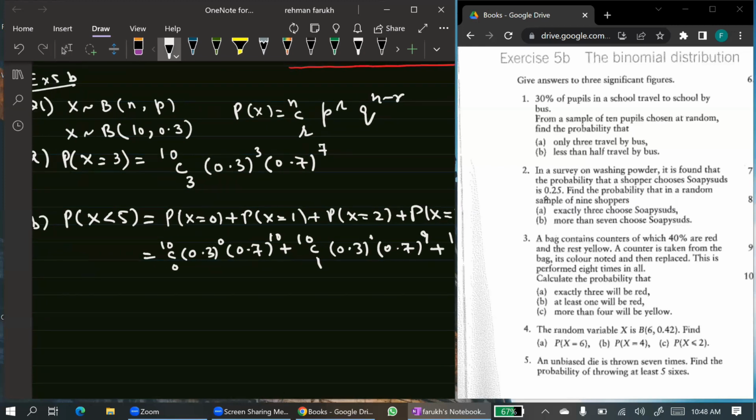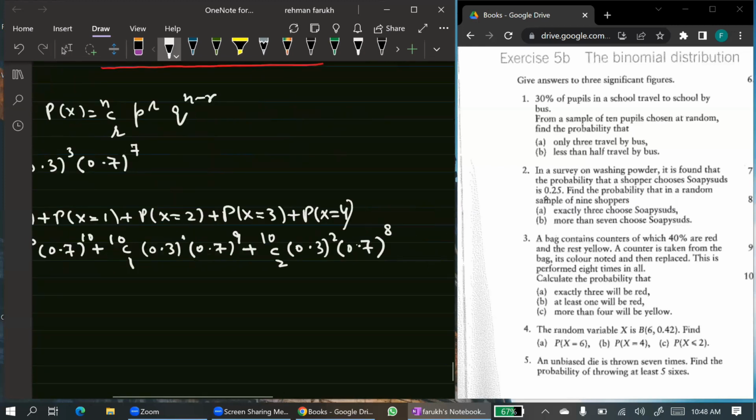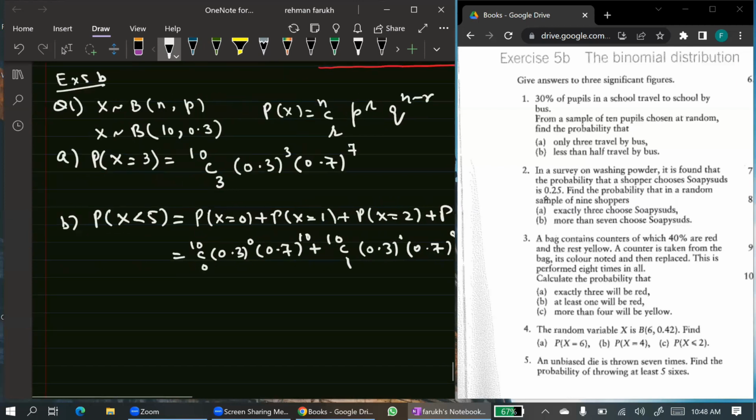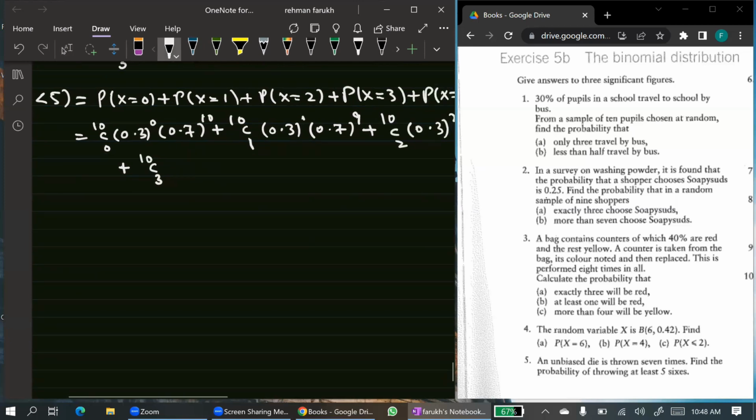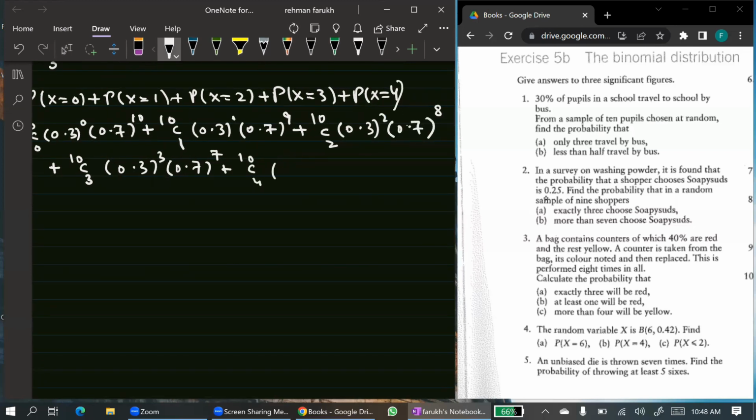For X is equal to 3, plus 10C3, 0.3 power 3 and 0.7 power 7, plus 10C4, 0.3 power 4 and 0.7 power 6.